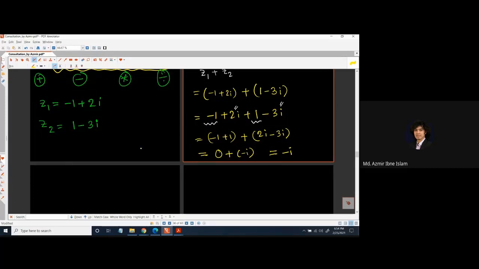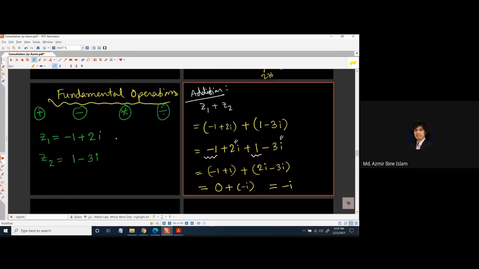So remember, any complex number is a point. So -1 plus 2i is -1 comma 2. 1 comma -3, that is for 1 -3i. So whenever we are adding two complex numbers, the result is also a complex number. So addition is itself a complex number.